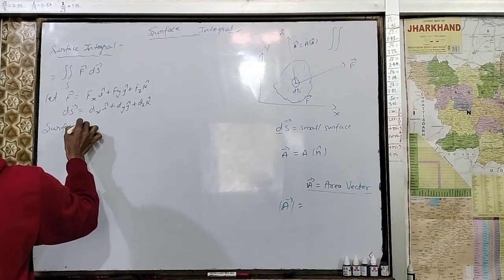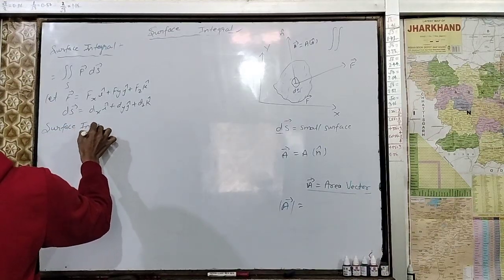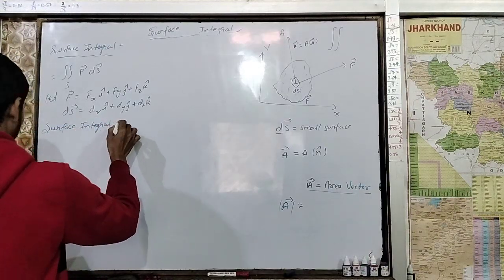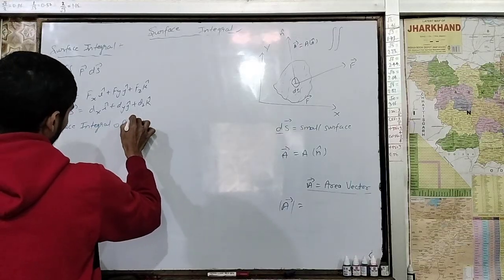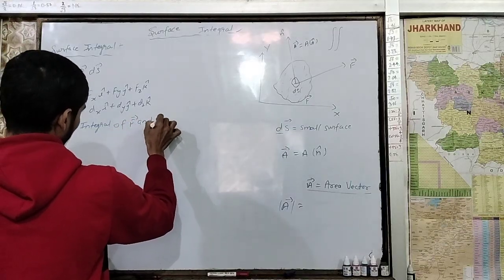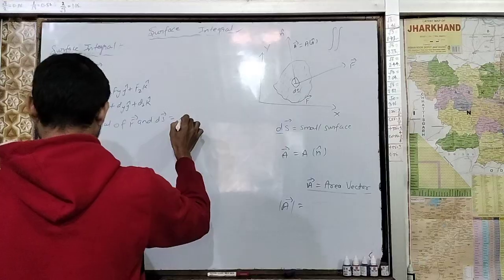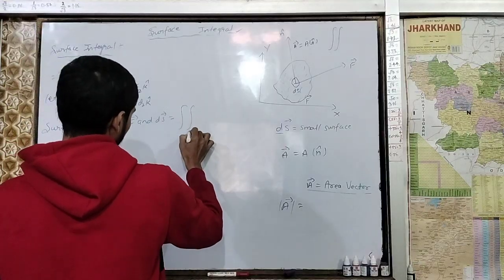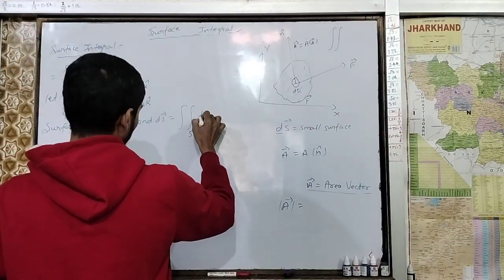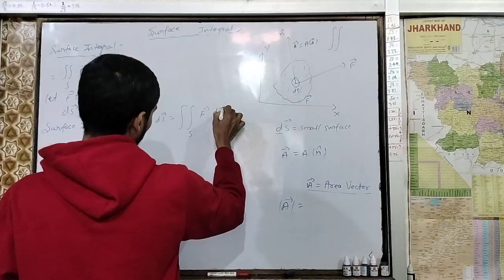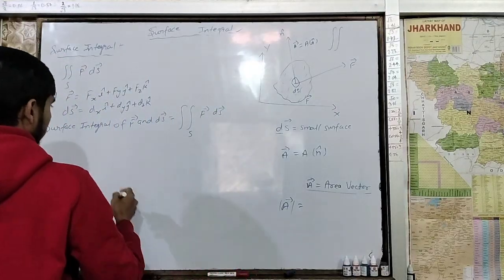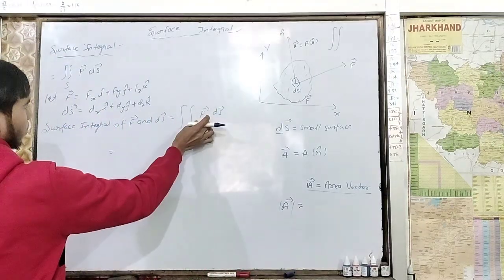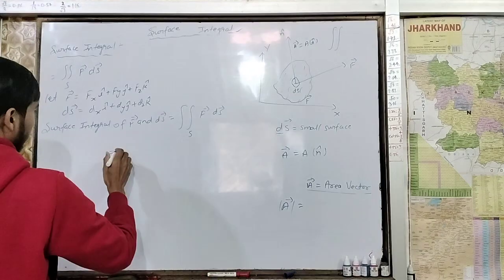So let's convert this equation into this form. The surface integral of vector F and dS will be equal to the double integration over S of F vector dot dS. We just put in the components of the vector and the components of the dS vector.